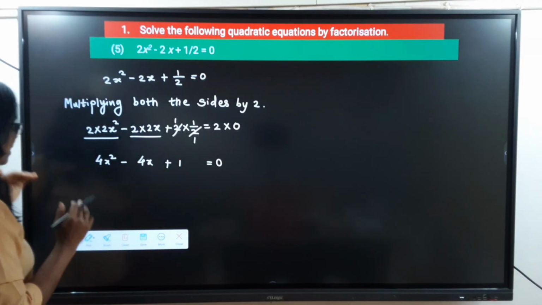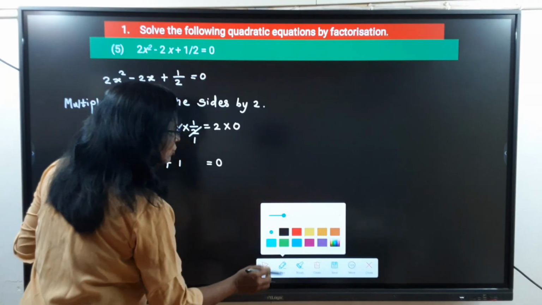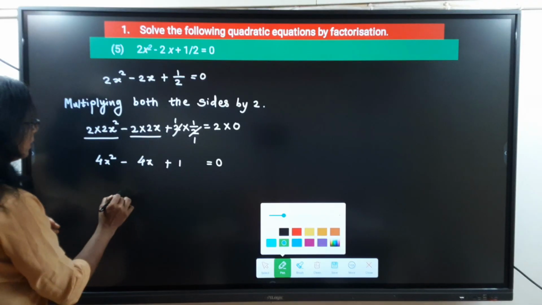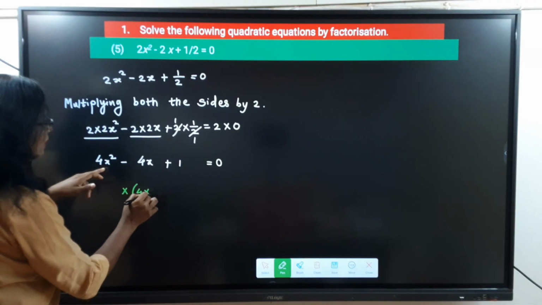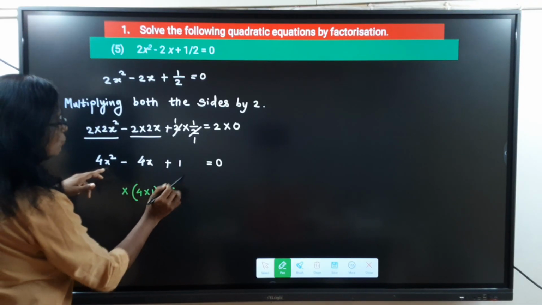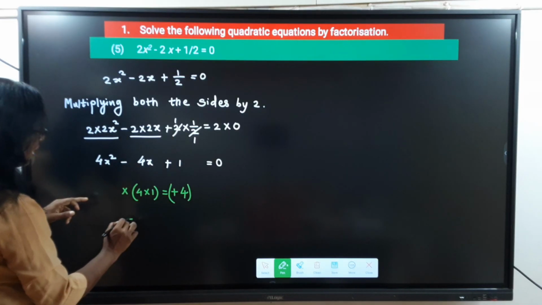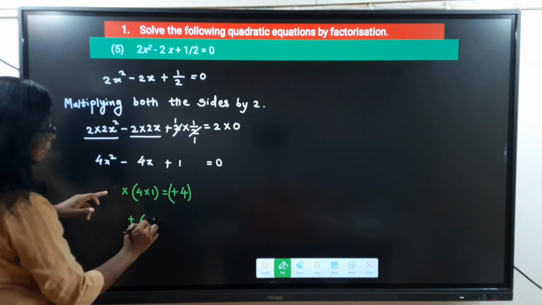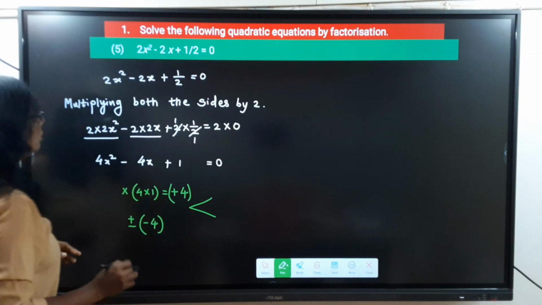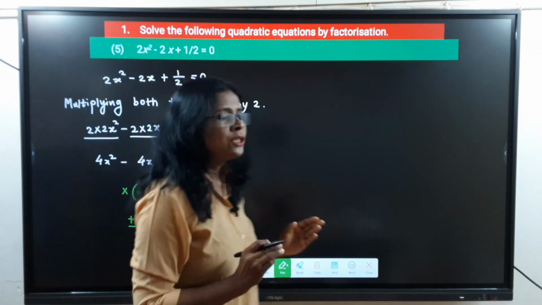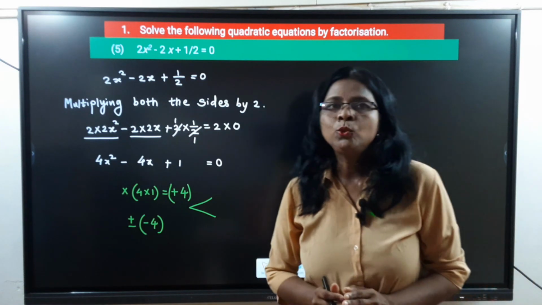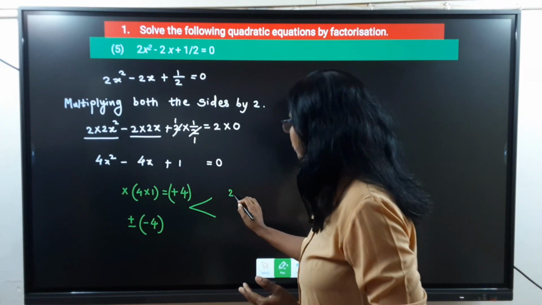Now we have to search out the two numbers such that their product will be positive 4 and their addition or subtraction would be minus 4. So which numbers are these? 2 twos are 4. So here I write down 2 twos are 4.